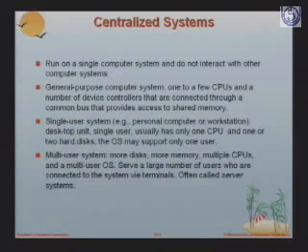Single user systems are the earlier systems. Even now we have personal computers, but most systems are part of a computer network, or workstations, desktop units, single user, usually with only one CPU and one or two hard disks. Then the OS may support only one user, and so on. Multi-user systems also come under general centralized systems. General purpose systems are basically categorized into two, which I will highlight at a later stage.